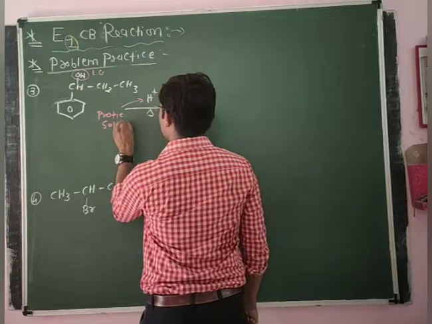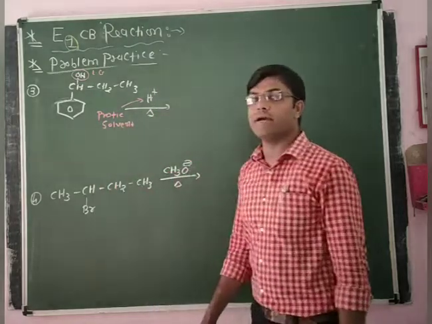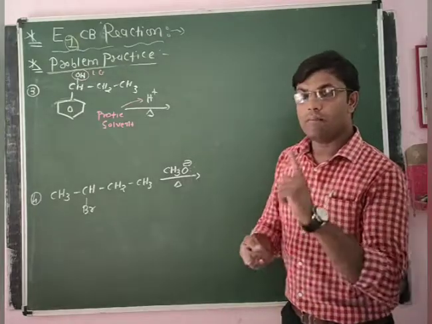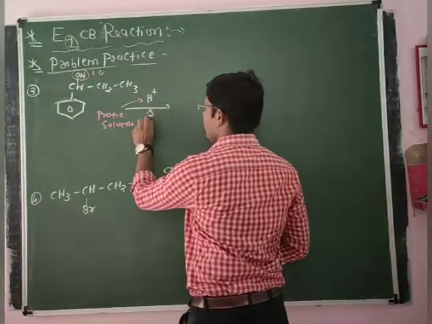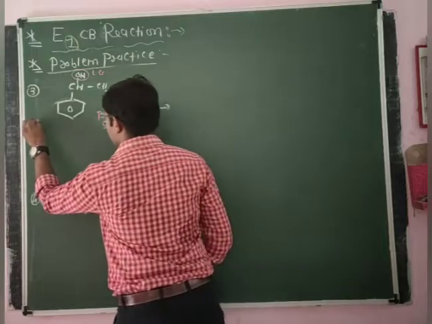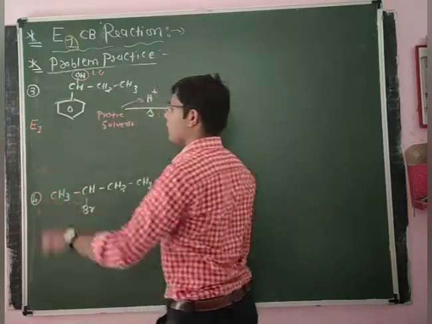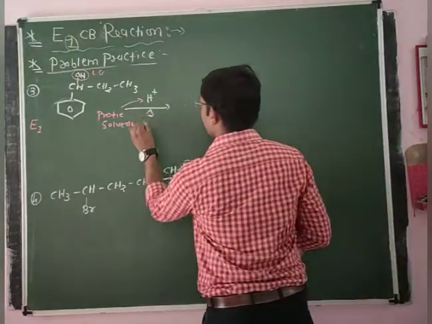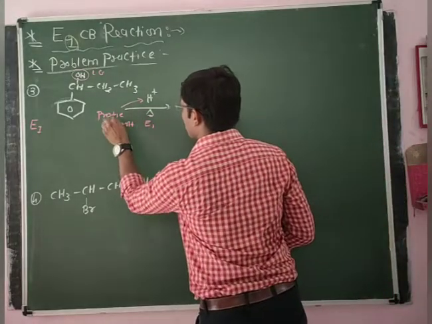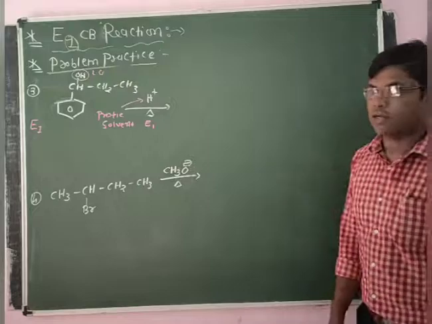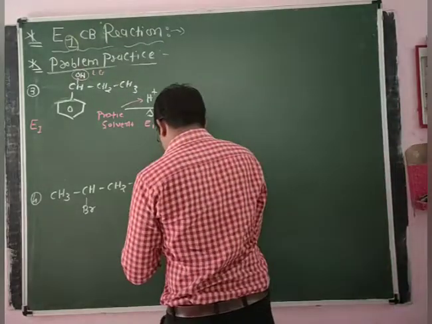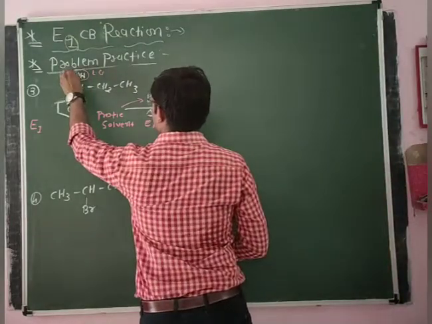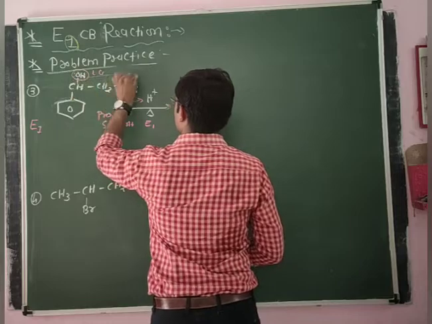you know which mechanism will be favorable. It is a polar protic solvent, or there is also heating. So this reaction occurs via E1. Clear? This occurs via E1 because of the protic solvent here. And you know very well, first protonation occurs.